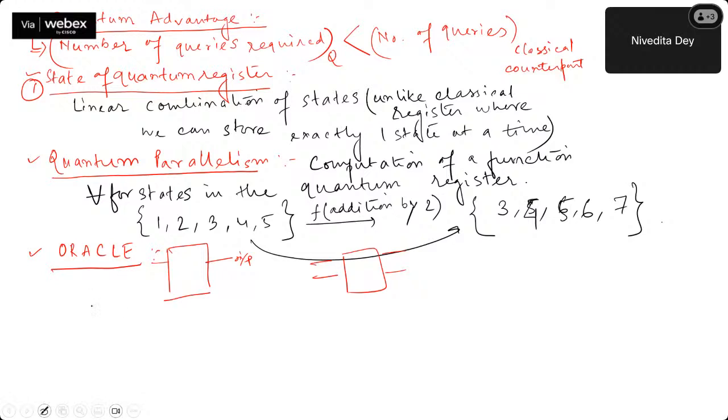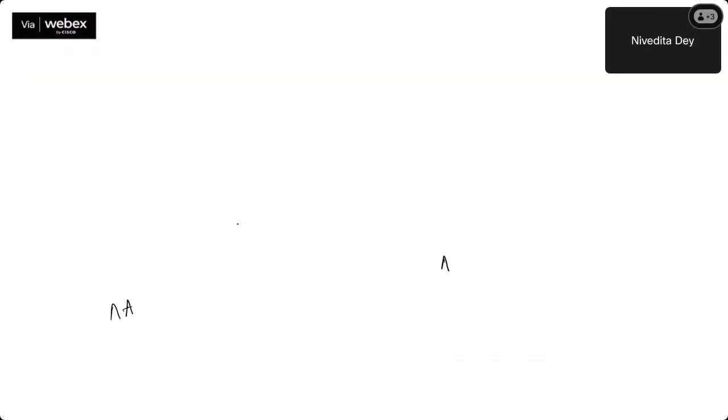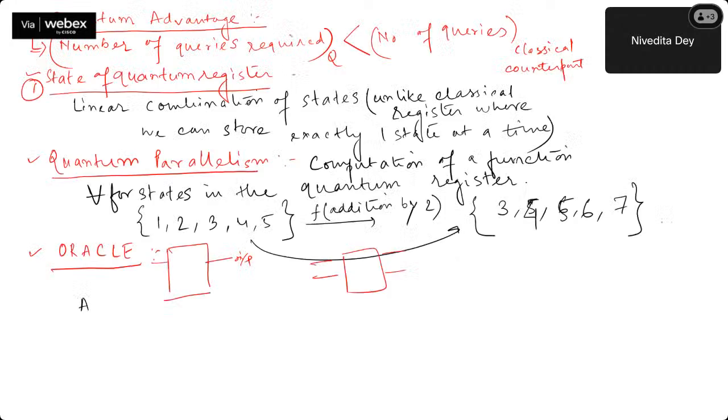Oracle means it is a black box, a kind of black box computation, which is similar to a classical subroutine.